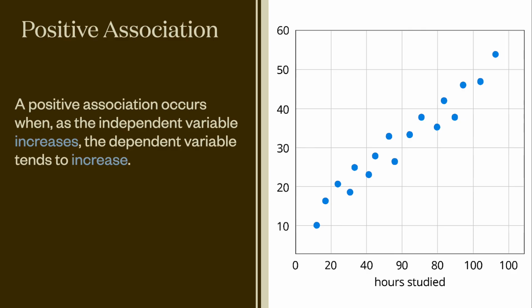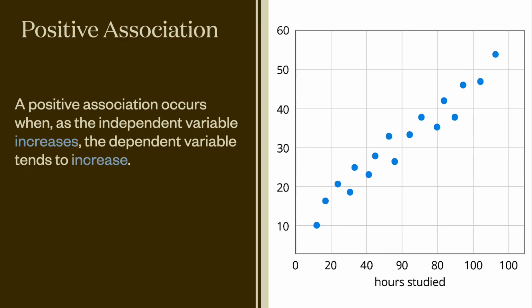So if we were to look at our hours studied and test score graph, what it would indicate is that the more hours you study, the higher score you would tend to get. And as x increases, y increases, and the points are moving upward from left to right.